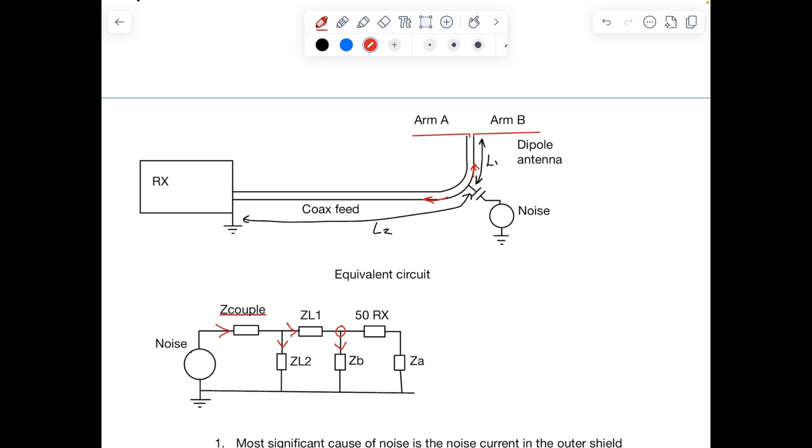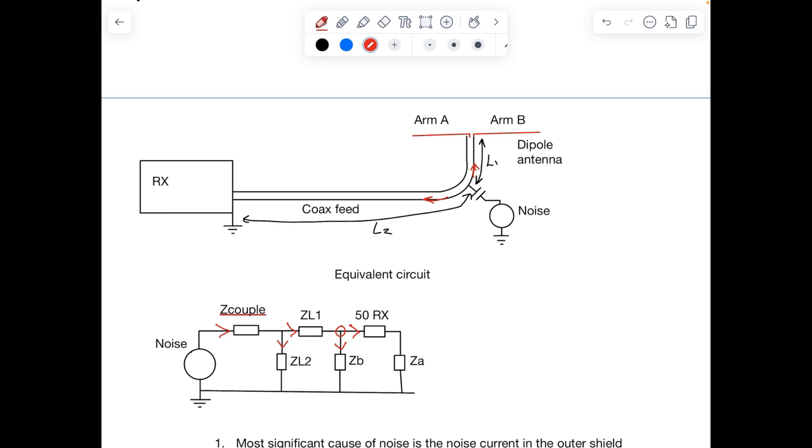And also we'll have a current which will flow through the 50 ohm input resistance of the receiver, and also back through the arm A of the dipole back down to ground. So this would be this current here.